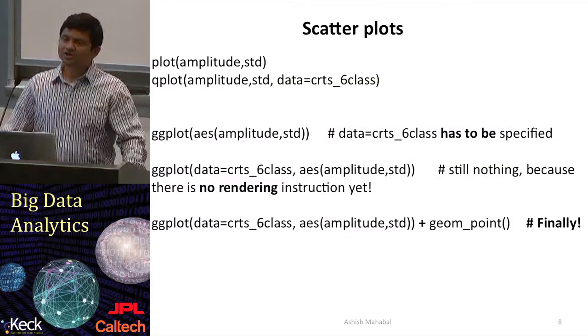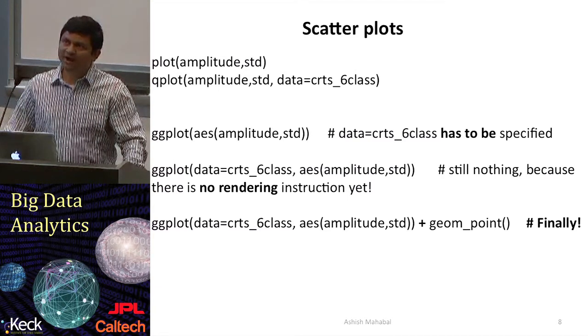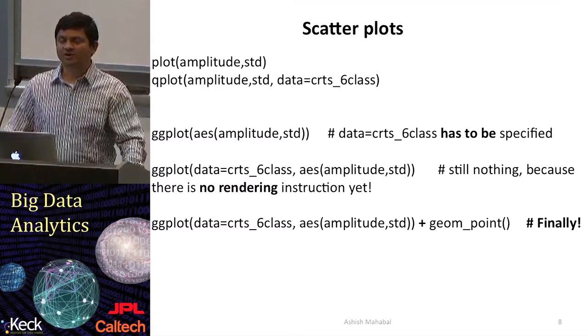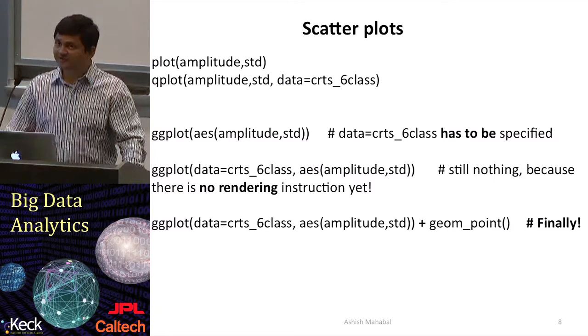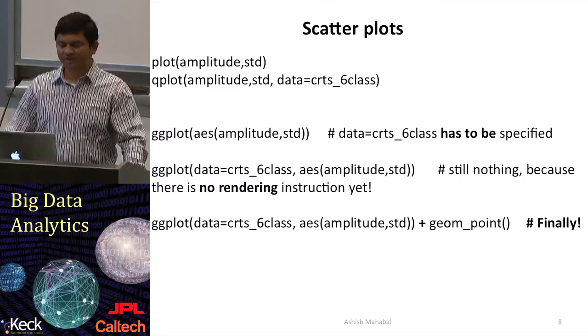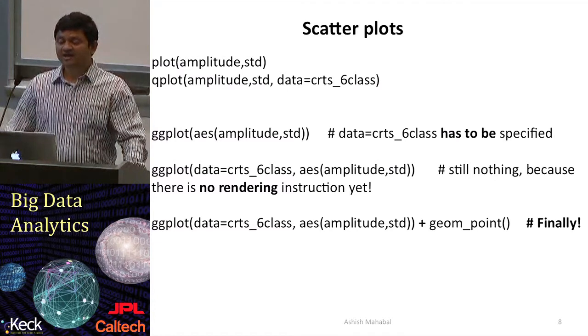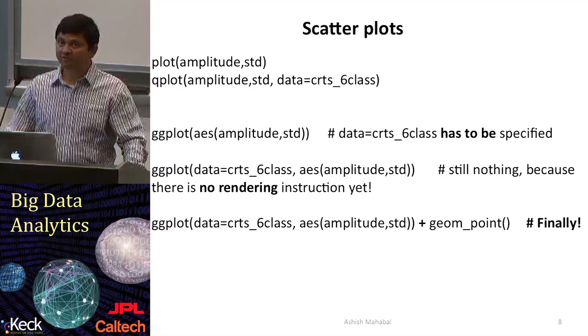Now when it comes to ggplot, you have to understand that you have to provide the columns as aesthetics. That is what is seen in the first example here. We provide to ggplot a single argument, the aesthetics, and within aes, which itself is a function, we provide the column names, amplitude and std. But here, the data equal to CRTS_6class, or whatever the data frame name is, you have to provide it.